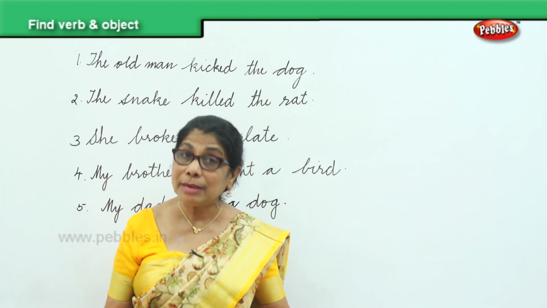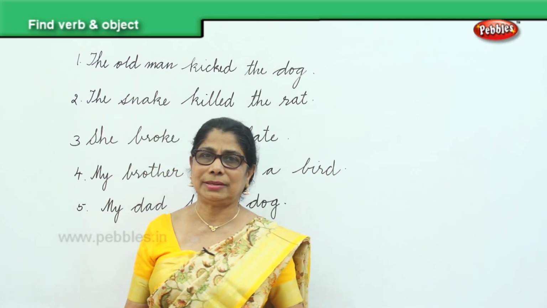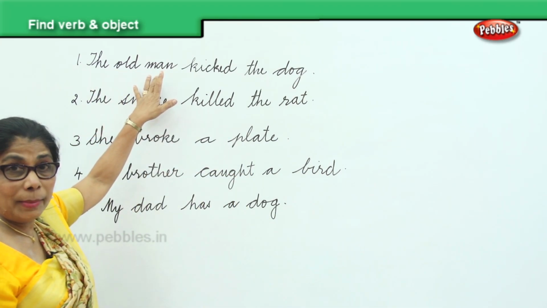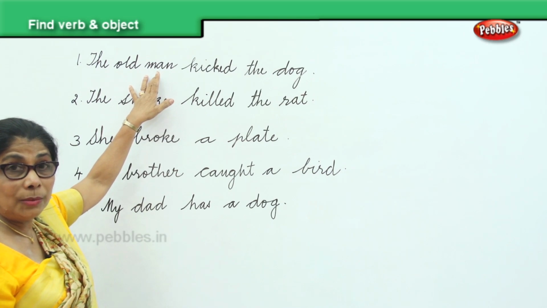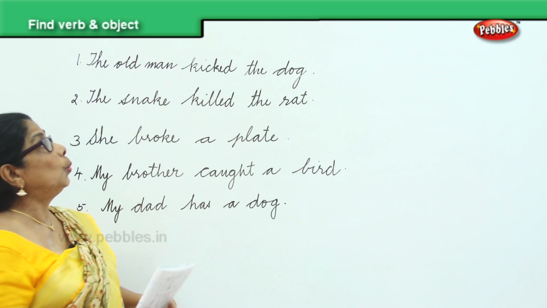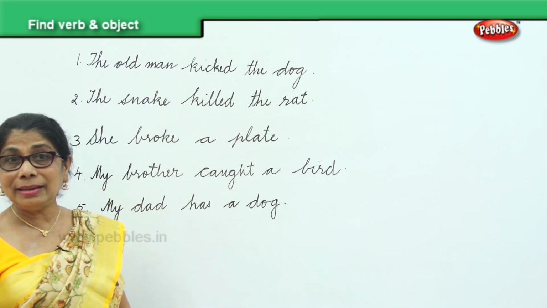You must always remember the verb follows the subject. Since you know the subject is the old man, what is the verb? What is the action he's doing? Kicked. So, we are going to circle the verbs. What are we doing here?